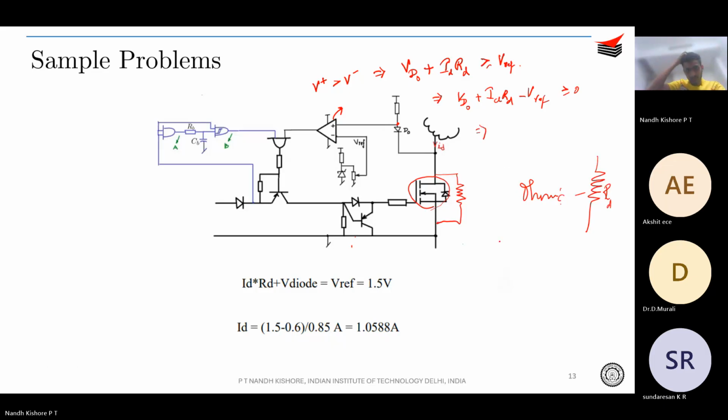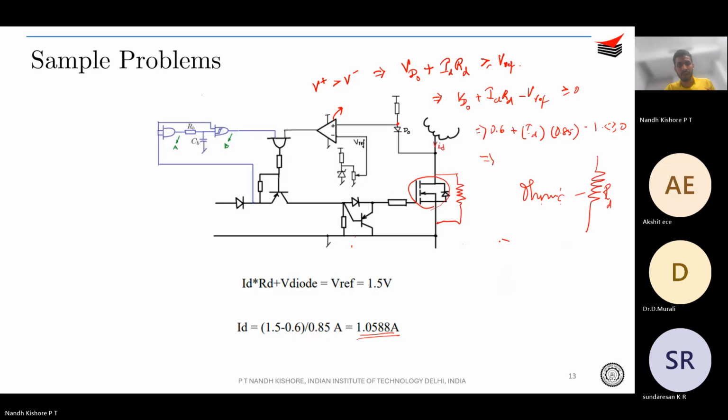So you know the parameters, that is VD naught is given as 0.6 volt. ID is what you need to find out, and RD is given as 0.85, and minus Vref should be more than 0. Therefore, ID you can get by solving this inequality.